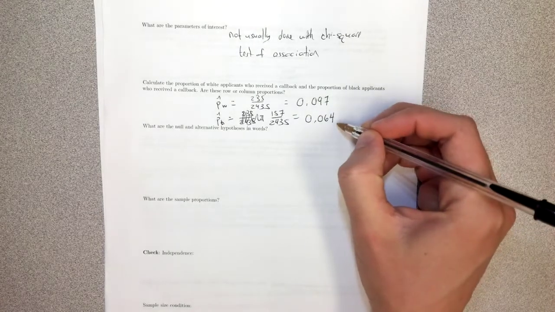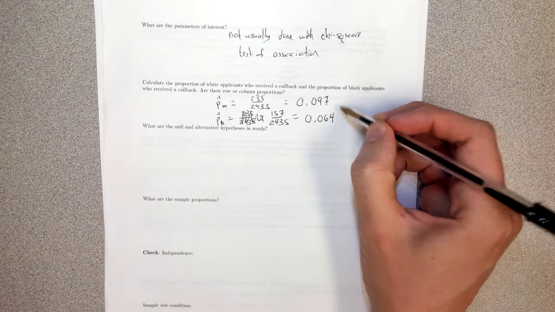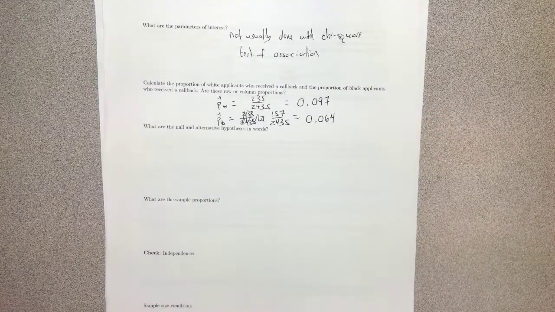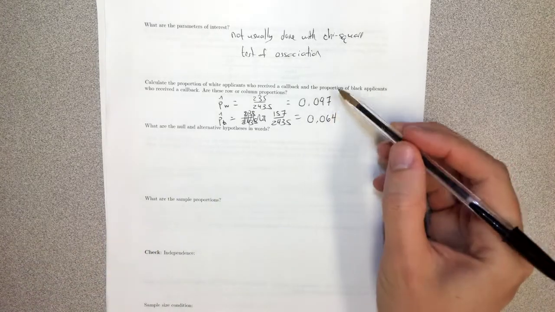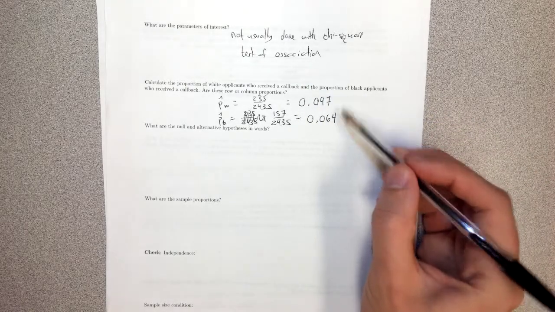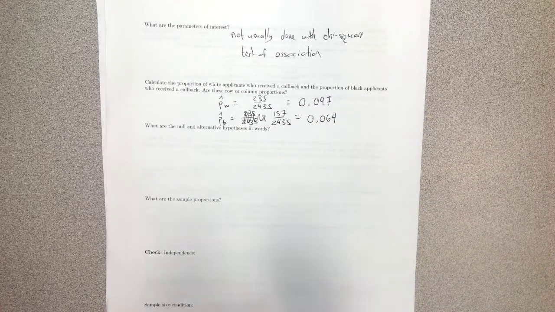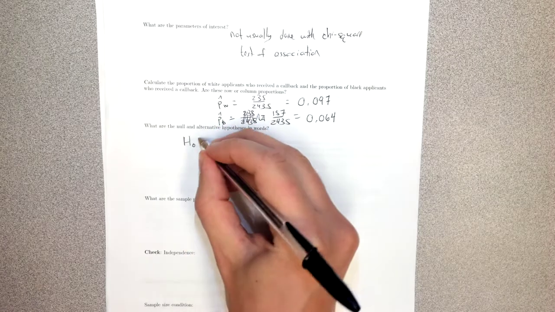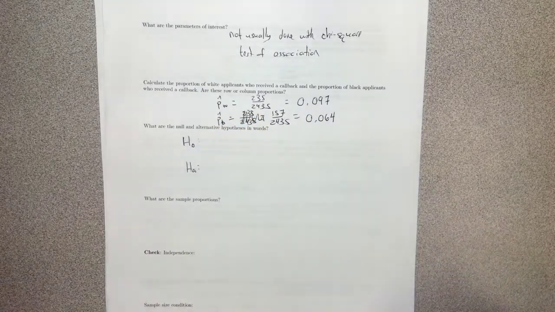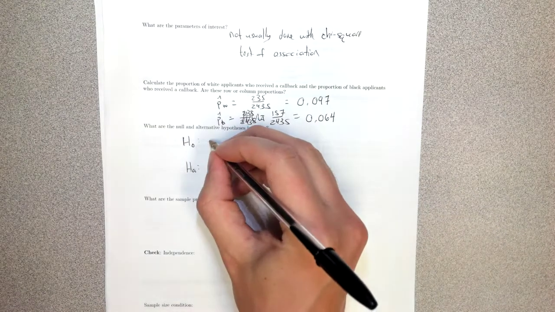Again, the point with this hypothesis test is that we all might be different in our judgment about whether these proportions are different. A hypothesis test is a slightly more objective way to say how much evidence we have that these proportions are actually different, or that there's an association between race and receiving a callback. To set up our hypotheses, we could write out the null and alternative hypotheses in words.